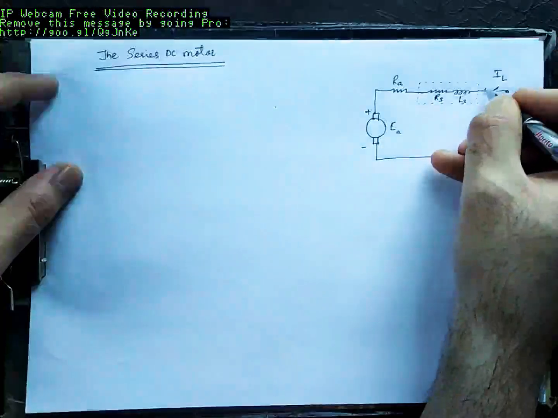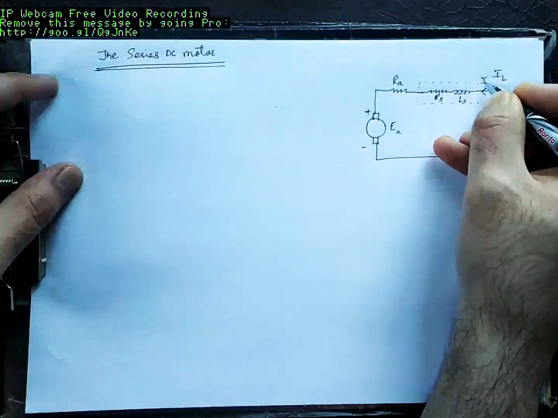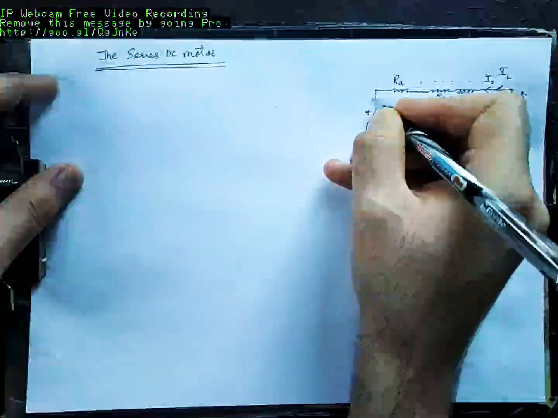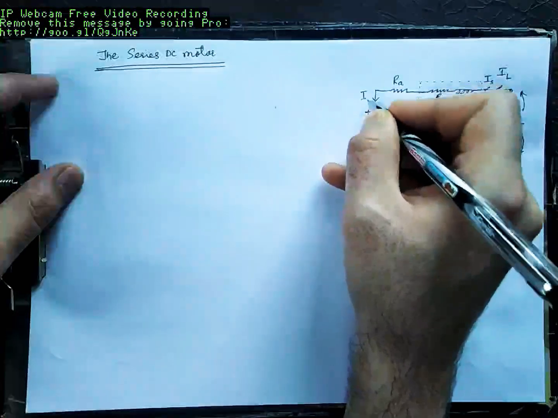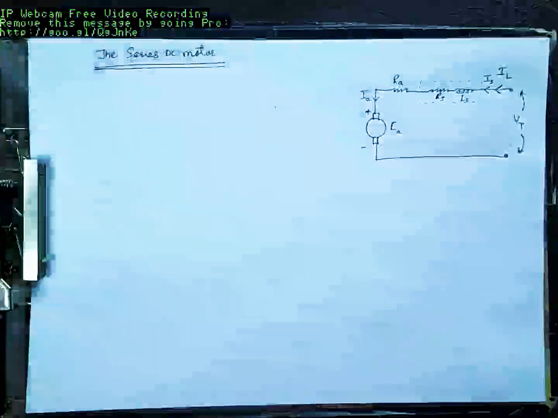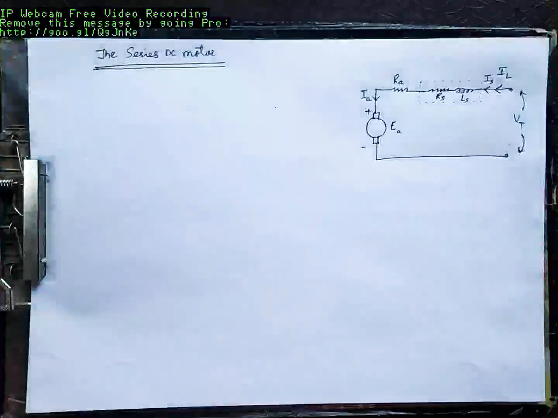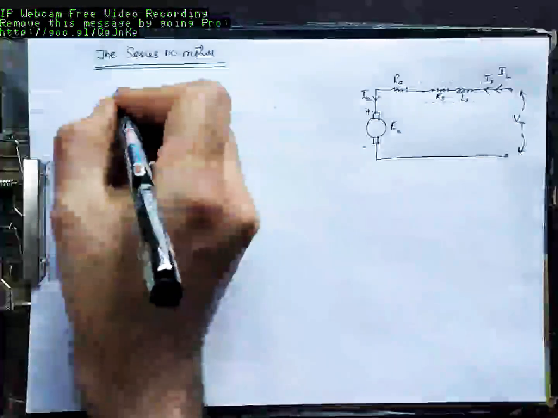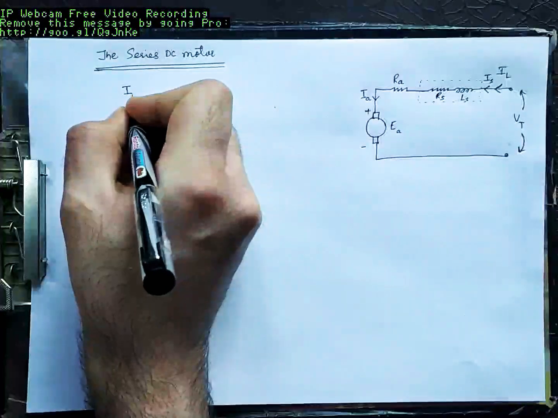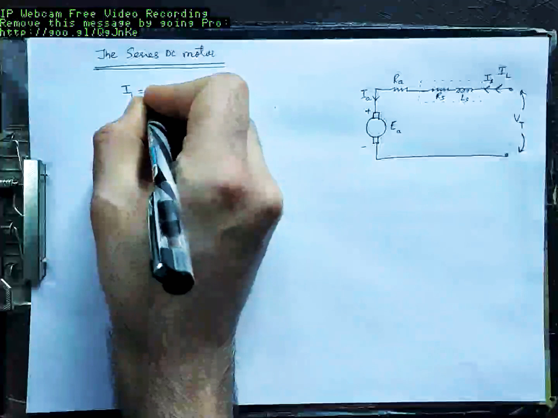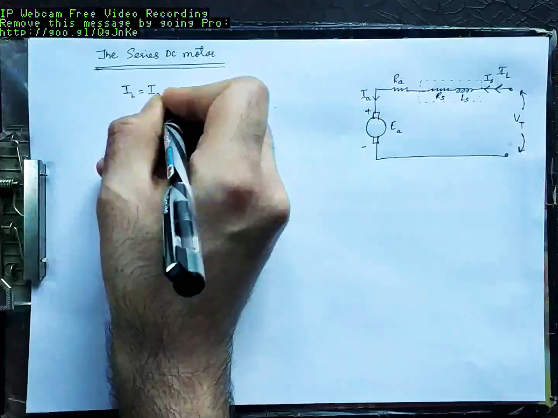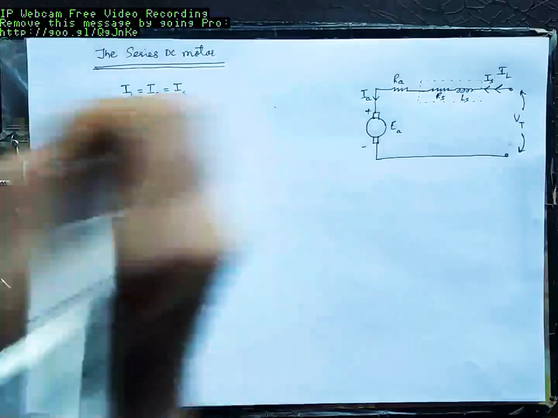The same current, which is the series field current, we can call IS, the same as the armature current IA. So the load current IL is equal to the armature current IA, which is also equal to the series current IS. All three are the same.